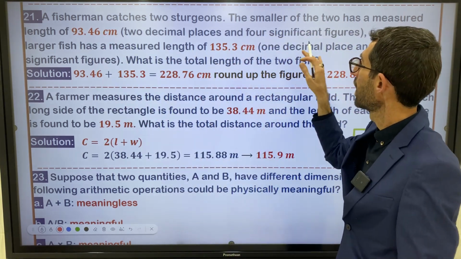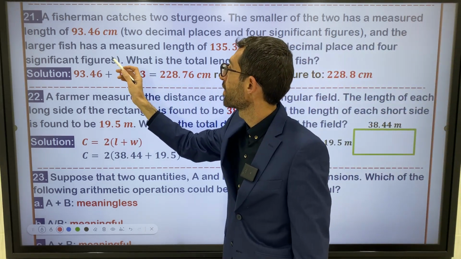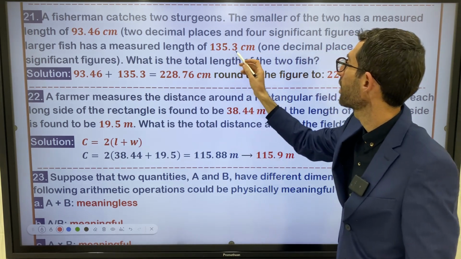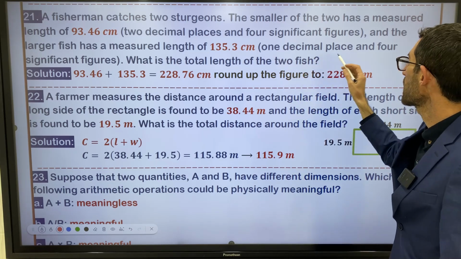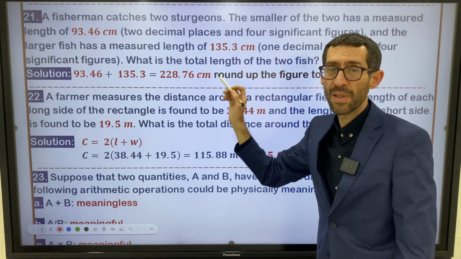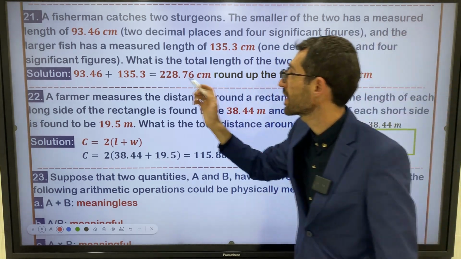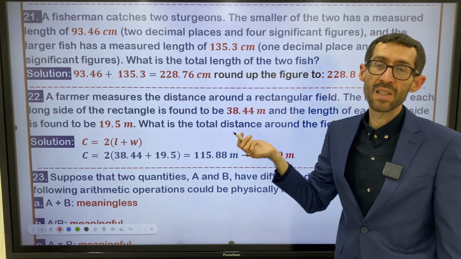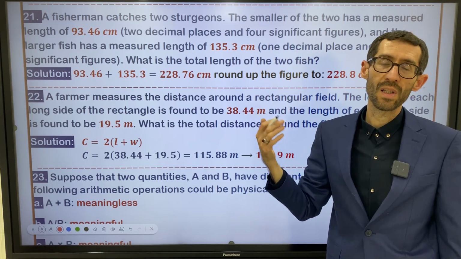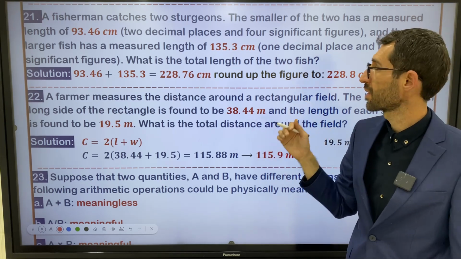And the larger fish has a measured length of 135.3 centimeters, 1 decimal place. After the decimal point we have only one figure, and 4 significant figures, because they are all non-zero digits, so they are considered significant figures.